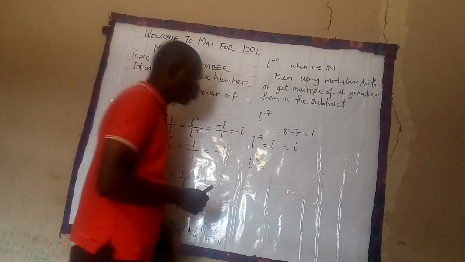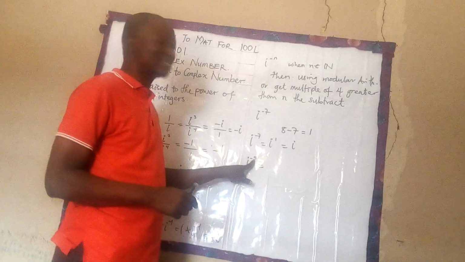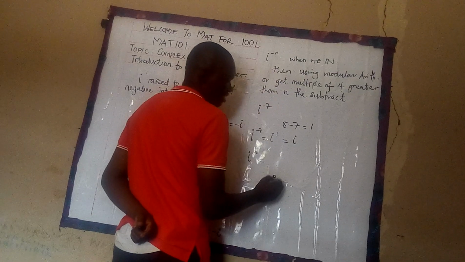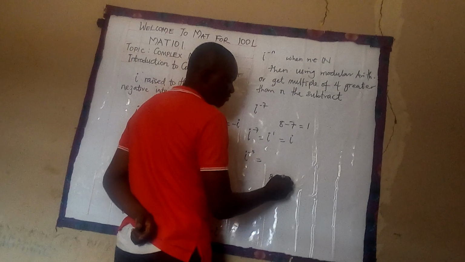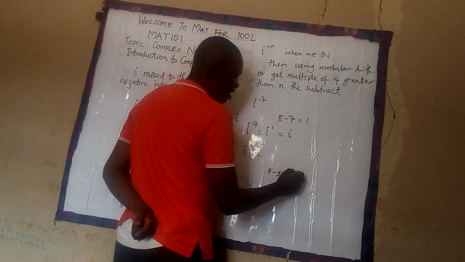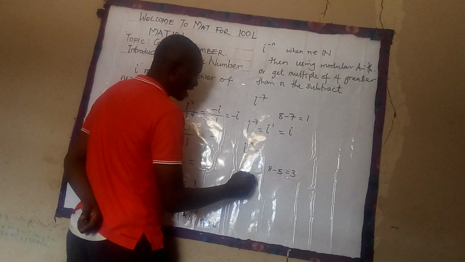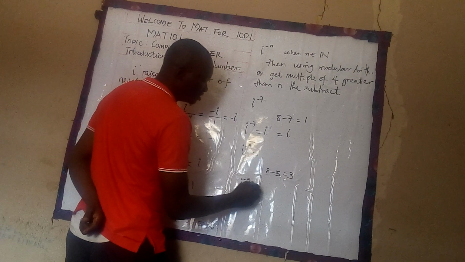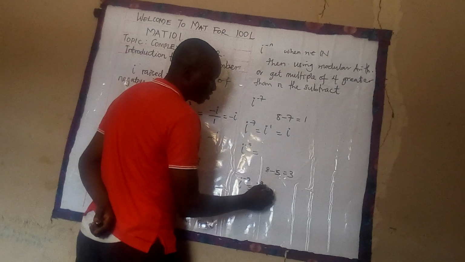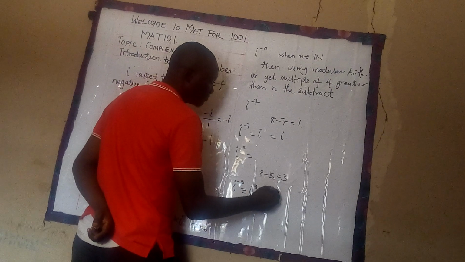The multiple of 4 that is greater than 5 is still 8, and when we subtract 5 from it, we have 3. That gives us that i raised to the power of negative 5 is equivalent to i raised to the power of 3, and i raised to the power of 3 is negative i.